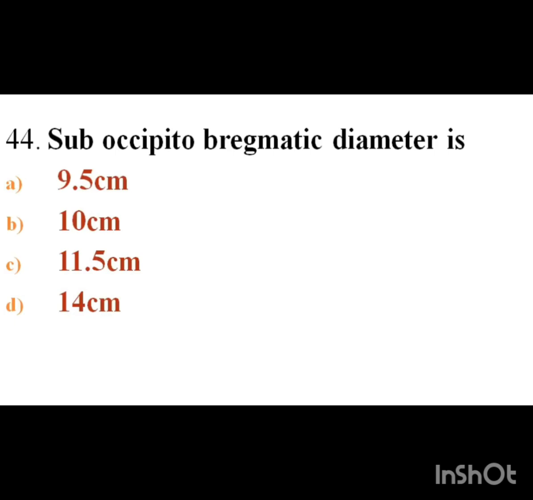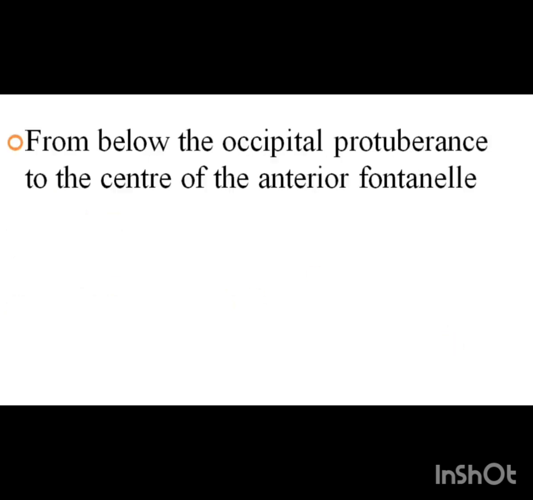The suboccipitobregmatic diameter is from below the occipital protuberance to the center of the anterior fontanelle. It is the engagement diameter in occipito-anterior with complete flexion. So it is from below the occipital protuberance to the center of the anterior fontanelle, and it measures about 9.5 cm.